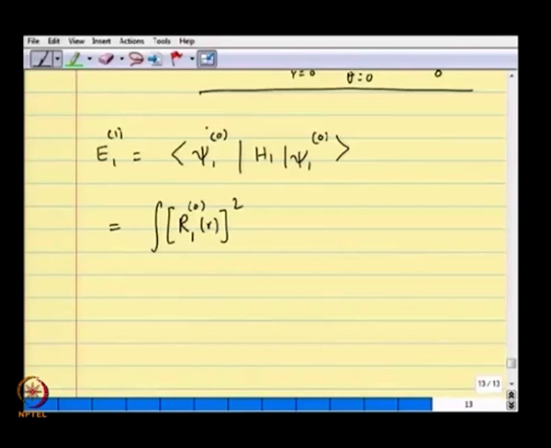Due to the two wave functions that you have here, and the Hamiltonian does not contain any R dependency, it only contains cos theta. Therefore, we can write R square dr 0 to infinity, times a mu naught.